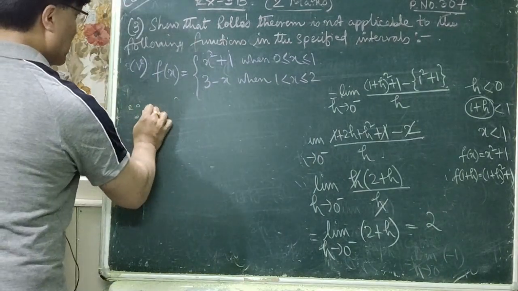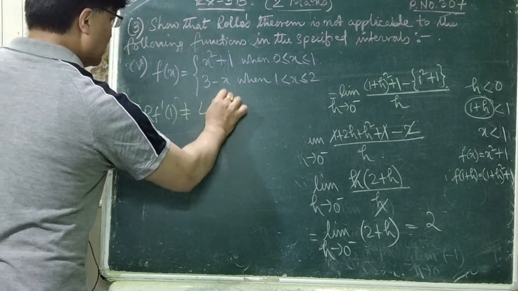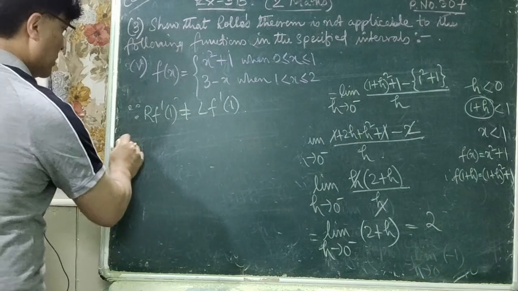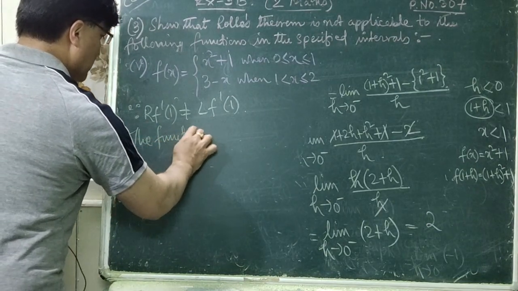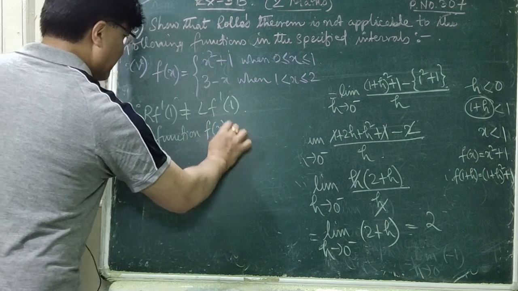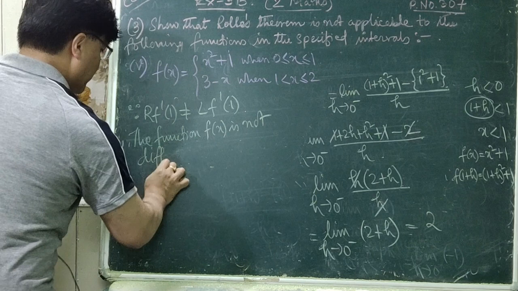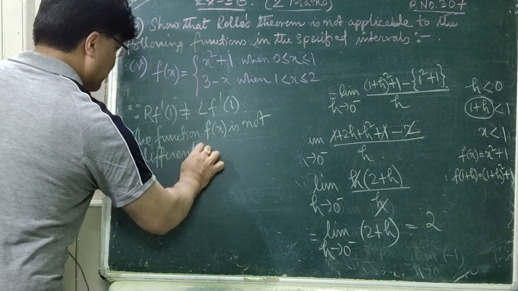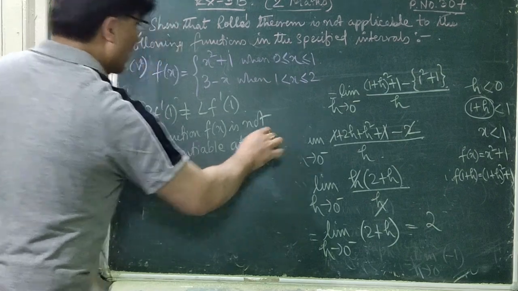Since R f dash of 1 not equal to L f dash of 1, therefore the function f of x is not differentiable at x is equal to 1.